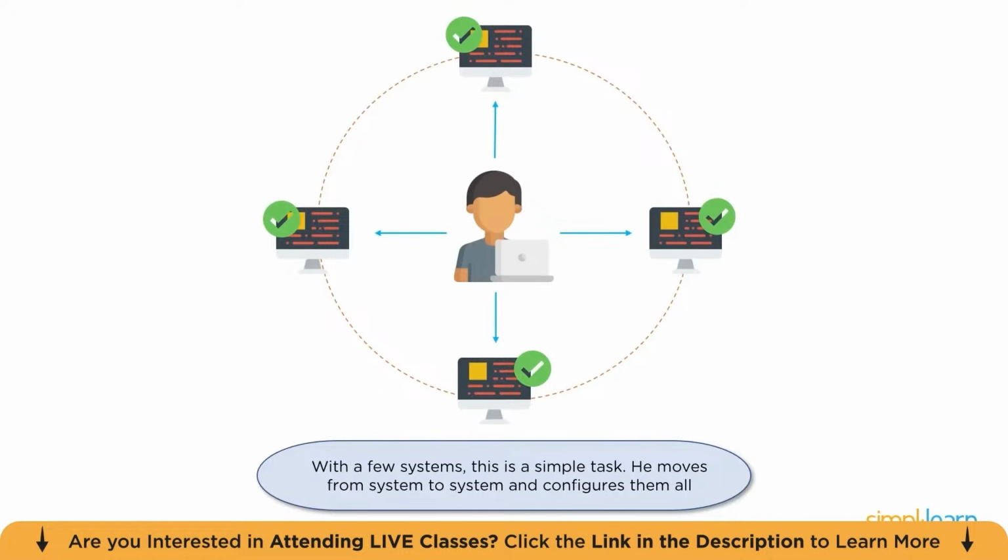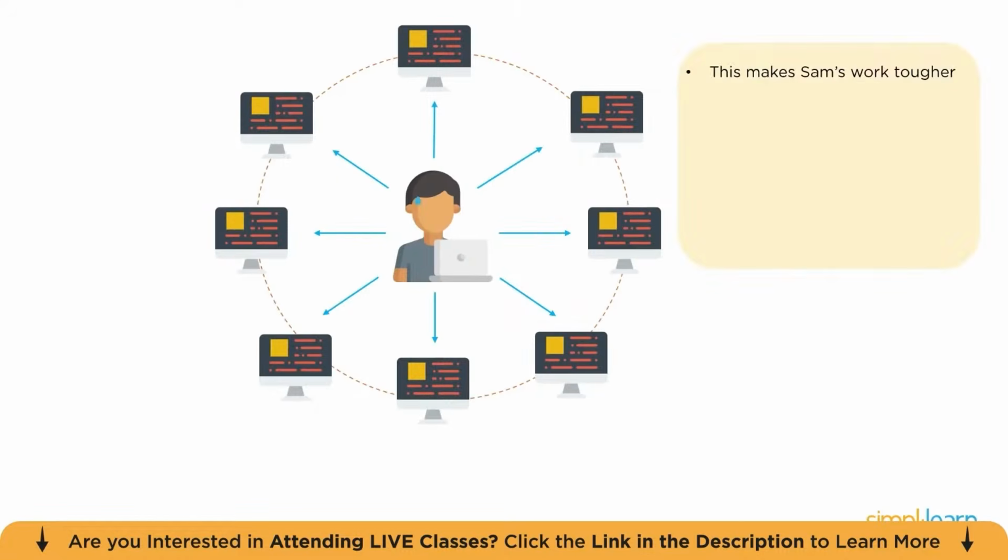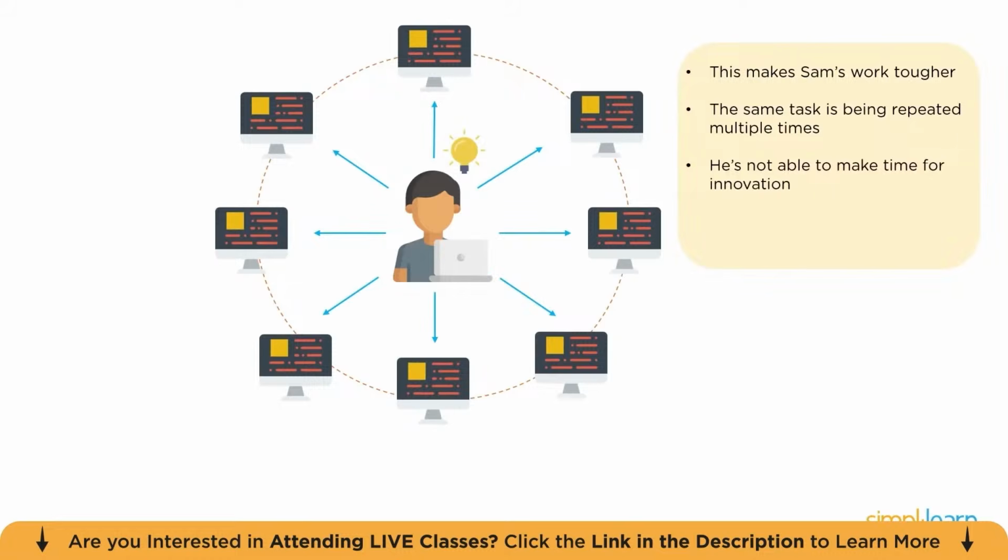But that is not the case with an organization, is it? An organization has a very large infrastructure. It could have hundreds and thousands of systems. So here is where Sam's work gets really difficult. Not only does it get tougher, Sam has to move from system to system, performing the same task over and over again. This makes Sam bored. Not just that, repeating the same task leaves no space for innovation.